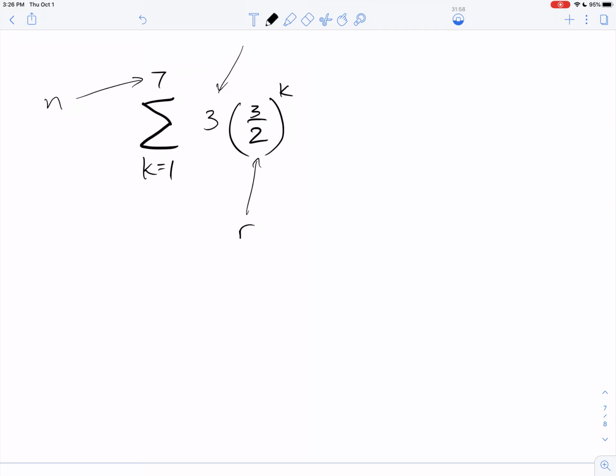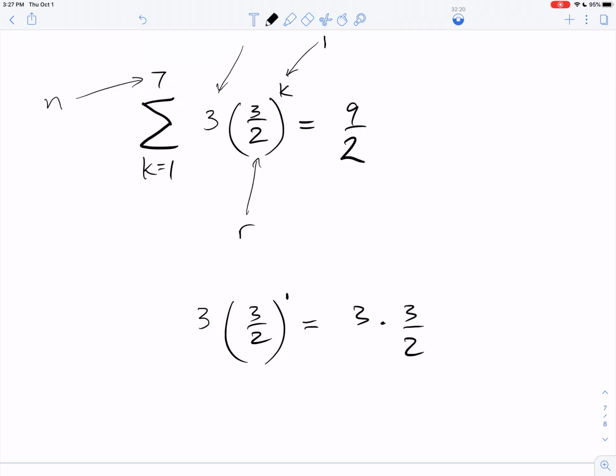That is not A1. If somebody writes something impolitely, you have to plug 1 in for that. If I put a 1 in there, then I would have 3 times 3 halves to the first, which means 3 times 3 halves, which means the first number that would have come out of that thing is 9 halves. That's your A1.